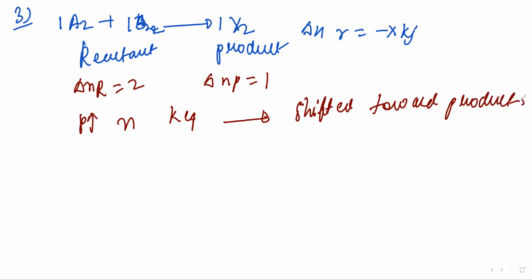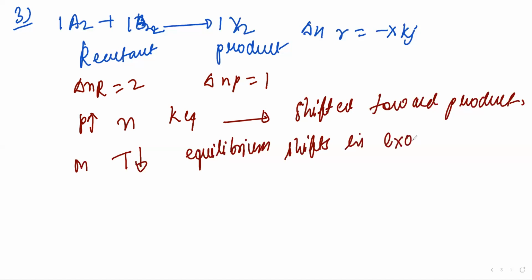Therefore, on decreasing temperature, the equilibrium shifts in the exothermic direction. When the temperature becomes lower, the equilibrium shifts in the exothermic reaction, so the forward reaction will be favored.